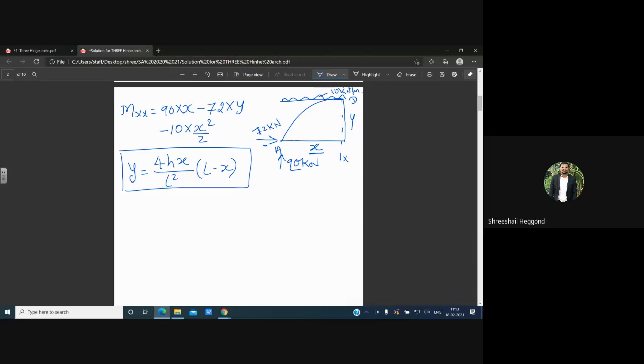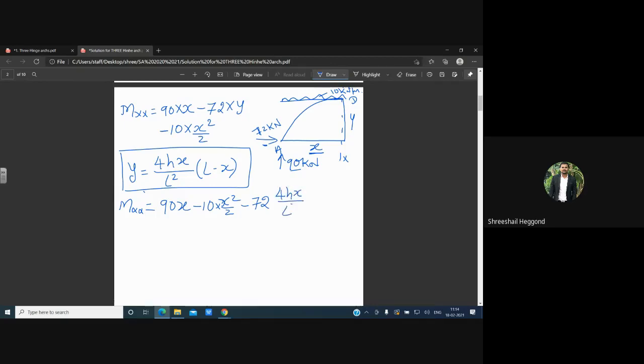So I can rewrite the Mx equation, that is the moment about x, as 90x minus, first I'll write, 10x square divided by 2, minus 72 into 4hx divided by L square into L minus x. This will be the moment equation for calculation.